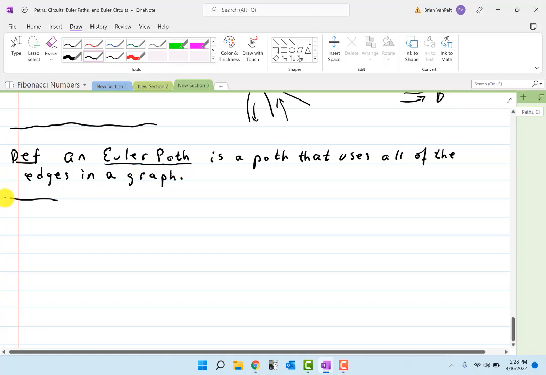And as I've tried to explain, there is no Euler path in the Königsberg bridge problem.